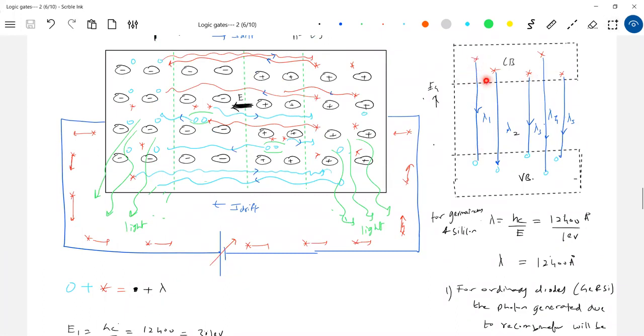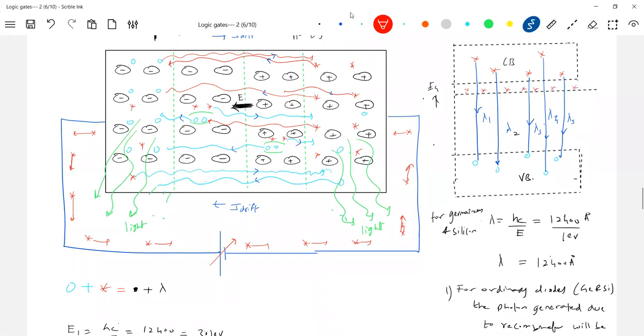All electrons will not be in one state, no? And moreover, I'll bring in another state. Who are these electrons? Why are these electrons there?